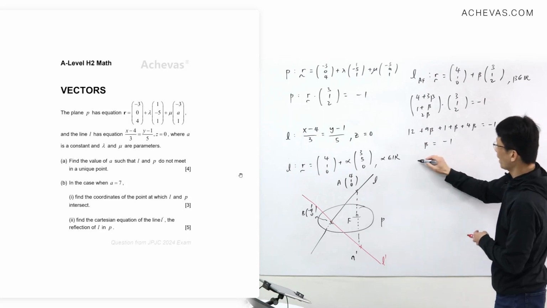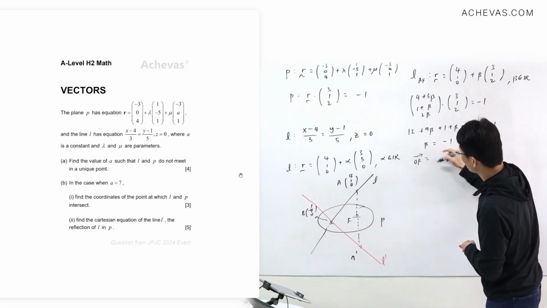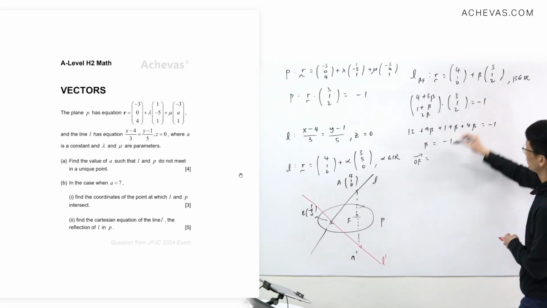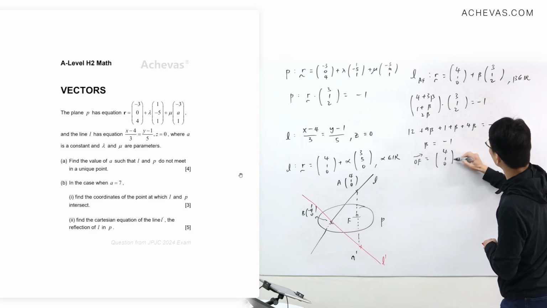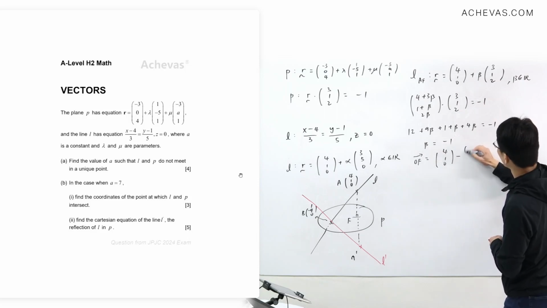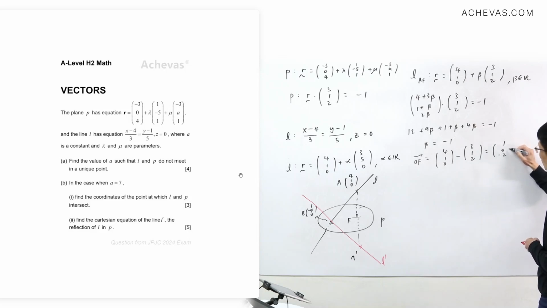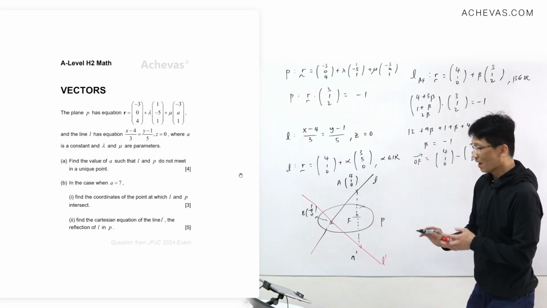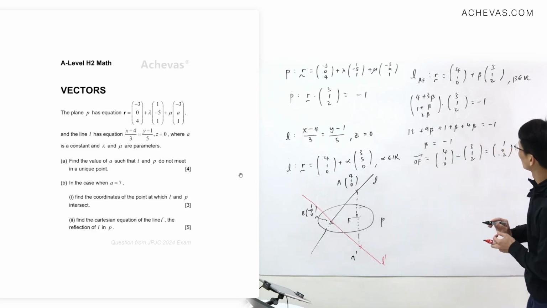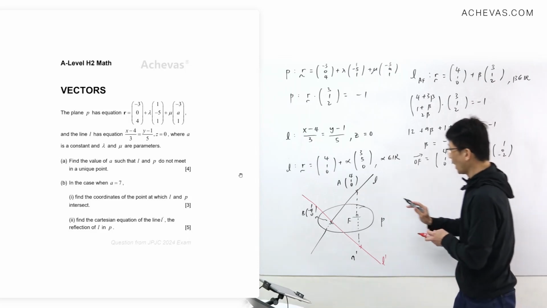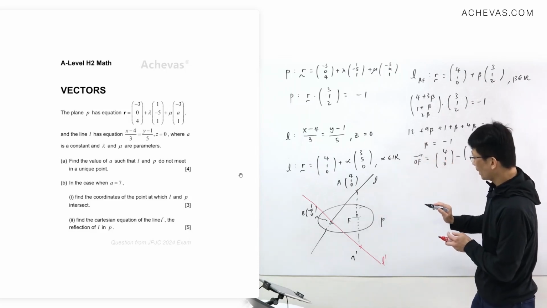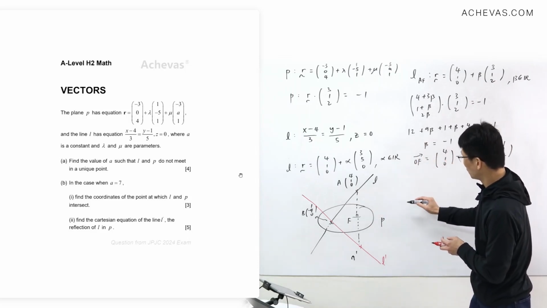Solving for beta, I will be able to get minus 1. And to find OF, I will just simply sub beta equal to minus 1 back into here. I'll get (4, 1, 0) minus (3, 1, 2), which is equal to (1, 0, minus 2). So I have my OF. To find A prime, I just make use of the ratio theorem.